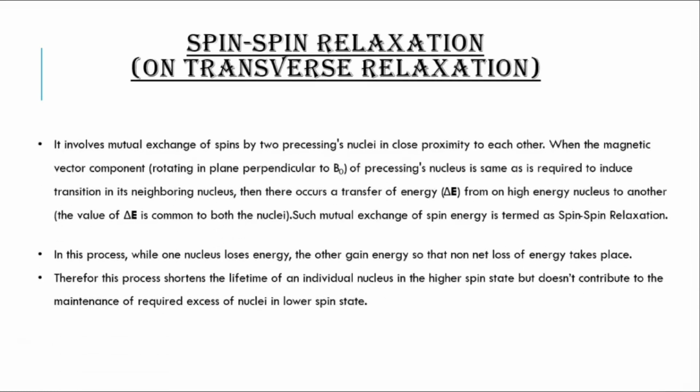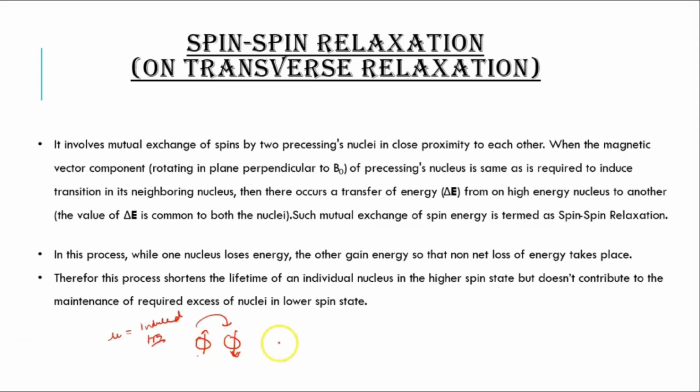So in the case of spin-spin relaxation, which is also known as transverse relaxation, that involves the mutual exchange of spins. क्या मतलब है कि अगर आपके पास 2 processing nuclei जिनकी energy मान लो almost बराबर की है, and the magnetic vector component of these processing nuclei is similar, that is mu is similar to that of the induced transition. Okay, if the magnetic vector is equal to the induced transition in the neighboring nucleus, then what will happen?